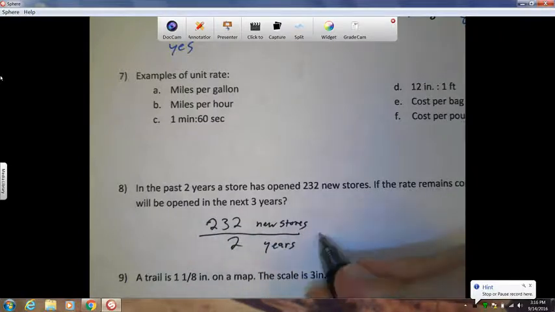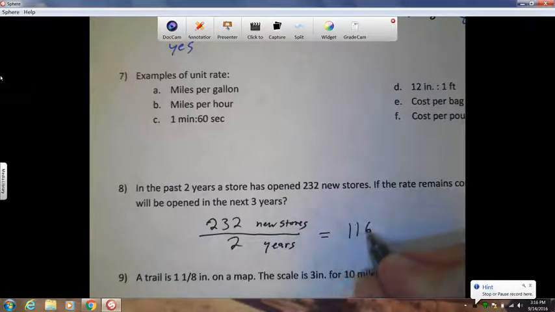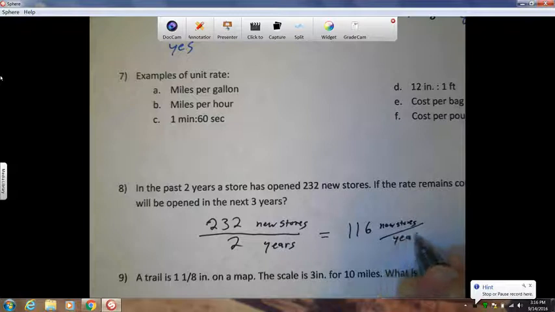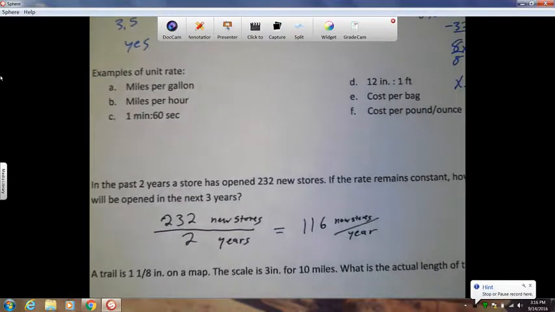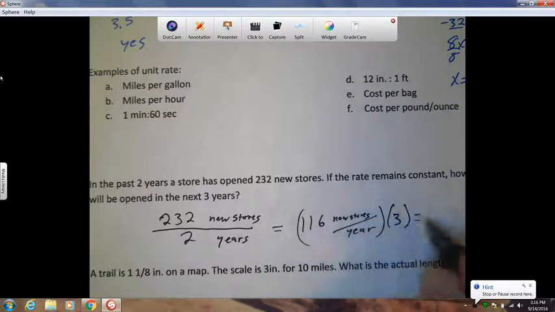So that gives me 116 new stores per year. 116 new stores for every 1 year. So then I can multiply my answer by 3. So it gives me 348 new stores.